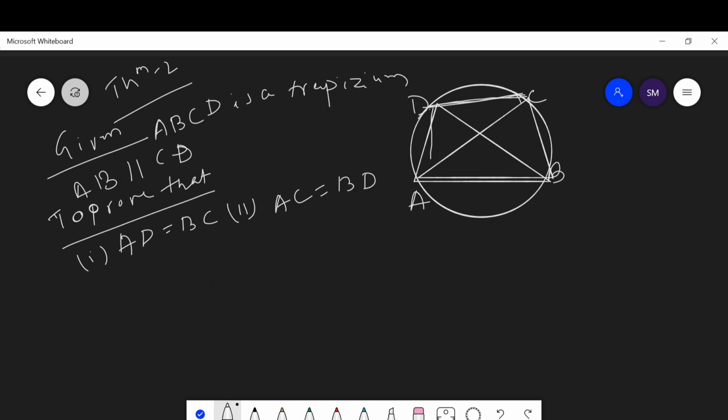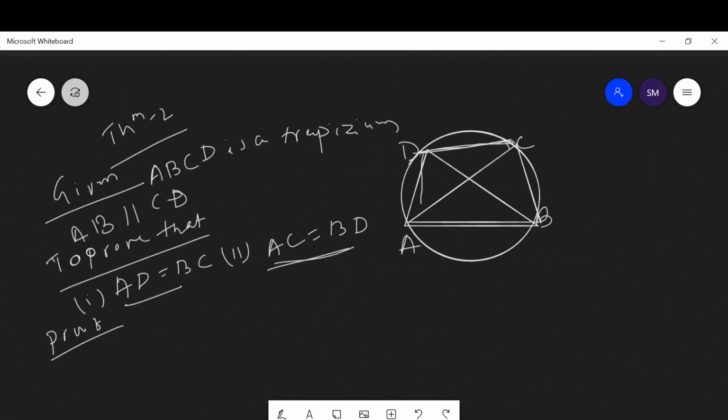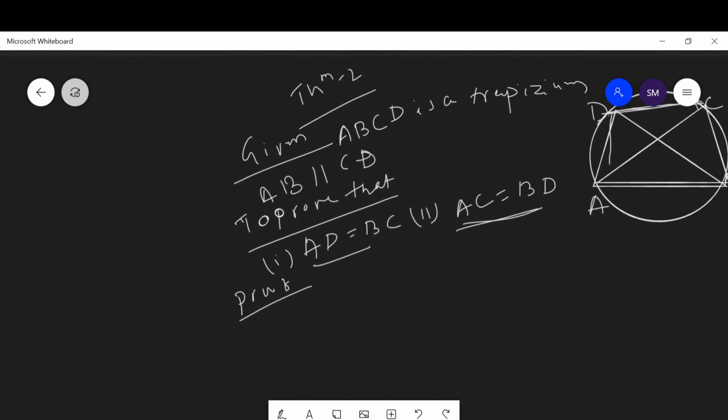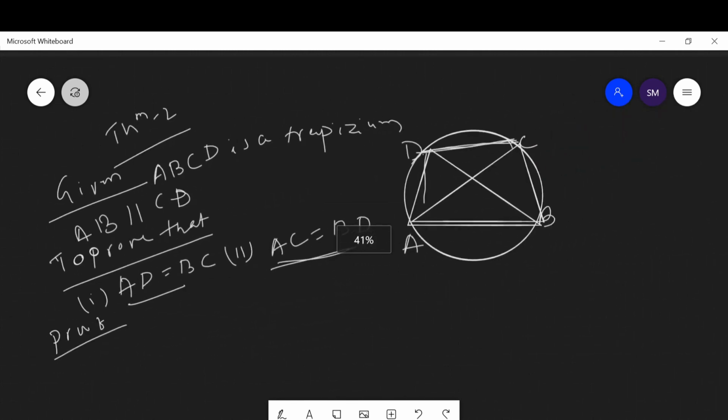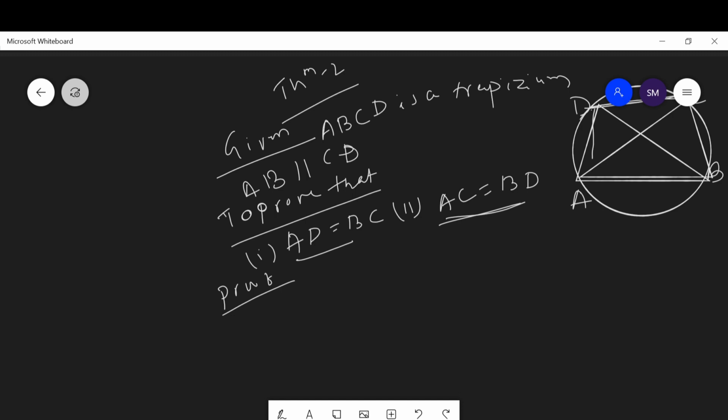Simply, when we prove that these two triangles are congruent, then we can prove that this side is equal to this side and this side is also equal to this side. Proof.